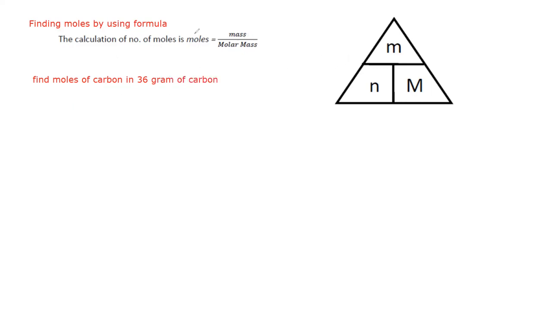This is the first formula, and what is this? The number of moles equal mass in gram divided by molar mass. So the question is find moles of carbon. So we have to find moles of the carbon in 36 gram of carbon. So if we have 36 gram, how many moles are there in 36 gram of carbon?